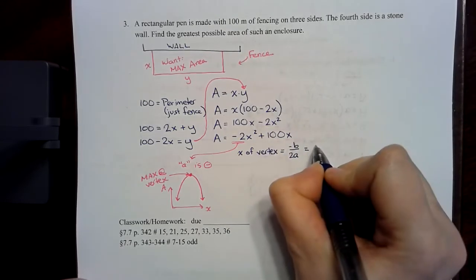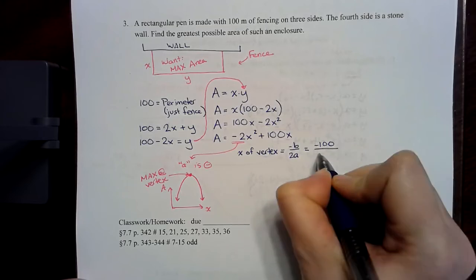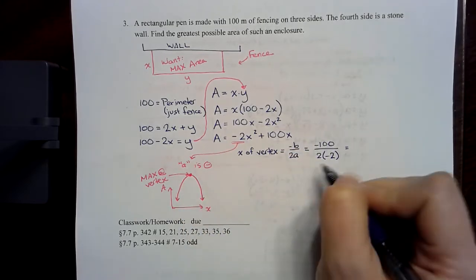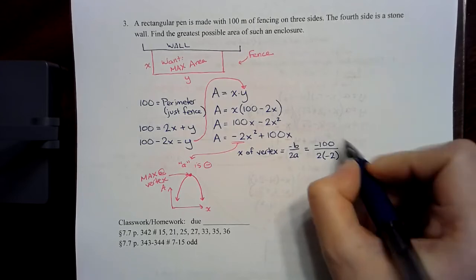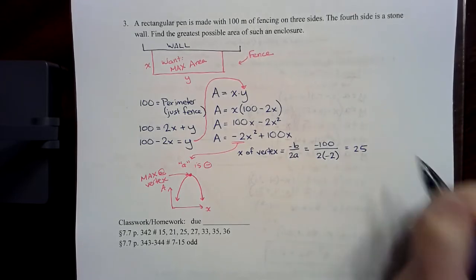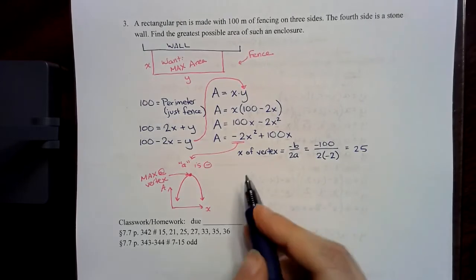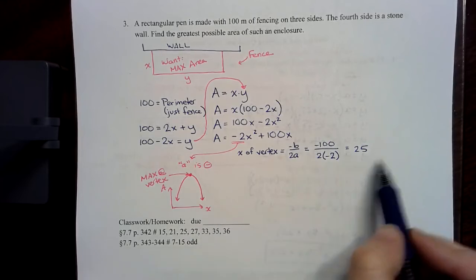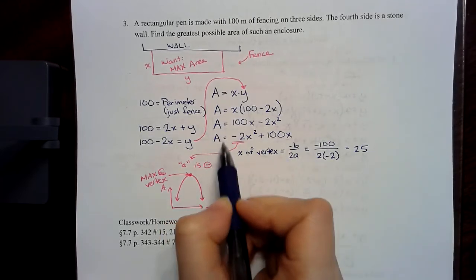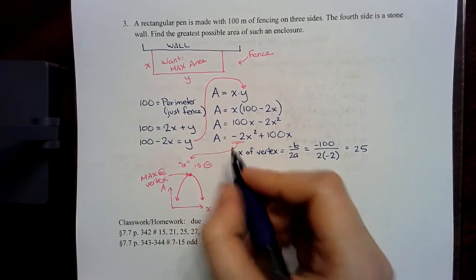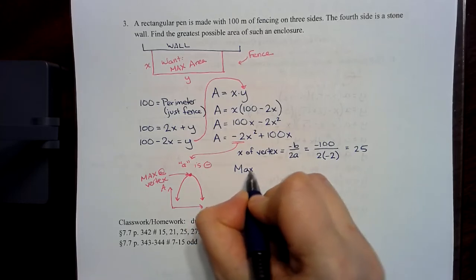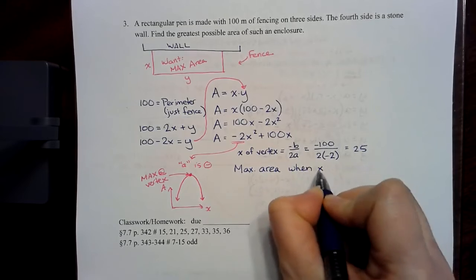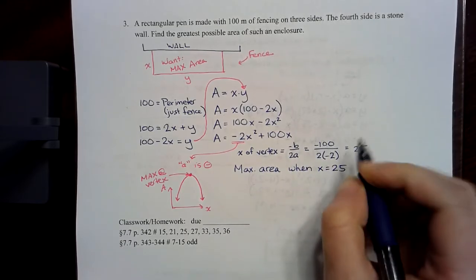So I'm going to get -b, which is -100, over 2a. So that'll be 100 over 4, also known as 25. But I wasn't asked for x, I was asked for the maximum area. Well, that's going to happen if I just plug in to find my area. So max area when x equals 25.